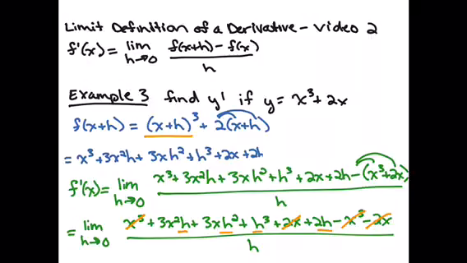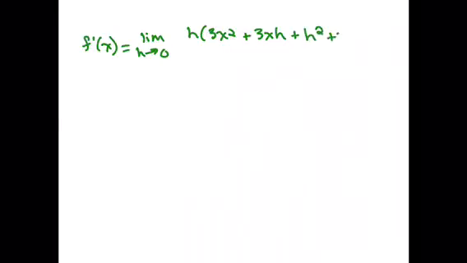So this becomes the limit as h goes to 0 of h times 3x squared plus 3xh plus h squared plus 2, when I factor out that h, over h, which goes to 1.